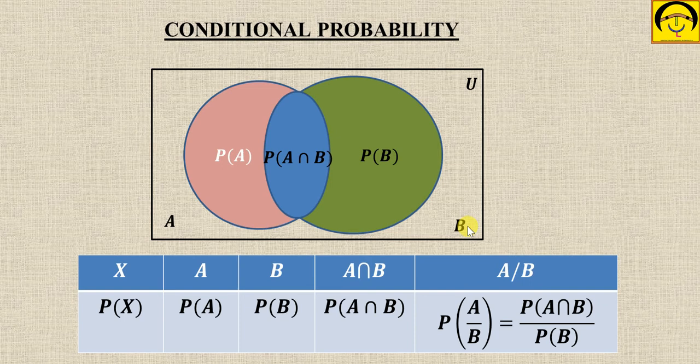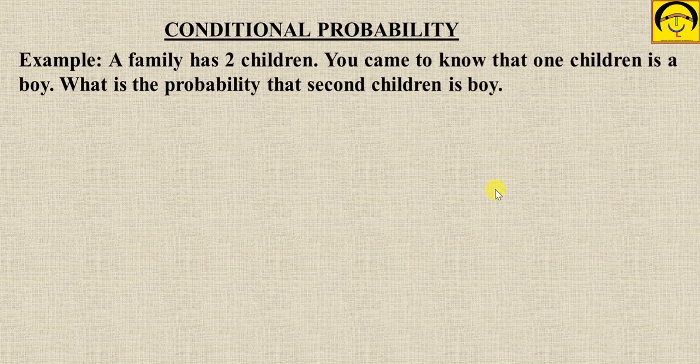If A ∩ B is phi, then what will be the probability of A given B? Simply, the probability of A given B is nothing but the probability of A itself. Okay, so let's solve some problems.